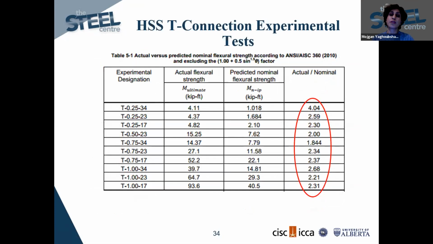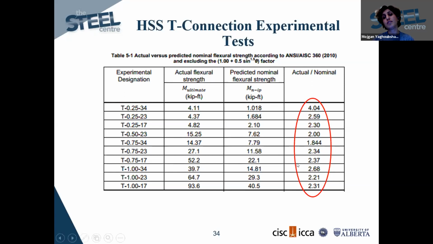Then a comparison was done between the actual strength of the connection, obtained from the experimental programs, and those values calculated based on the current design formula of AISC.